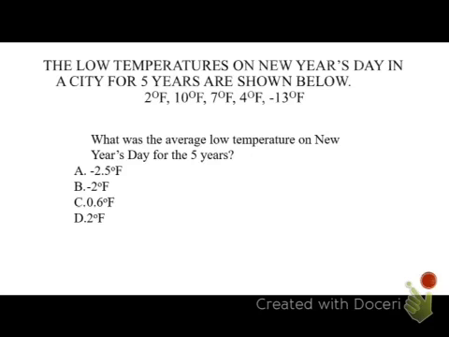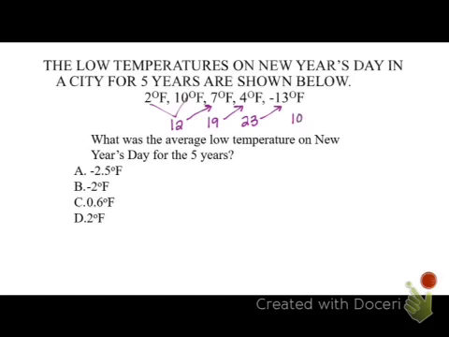So we would be adding 2 plus 10 to get 12, and 12 plus 7 to get 19, and 19 plus 4 to get 23, and 23 plus negative 13 to get 10.